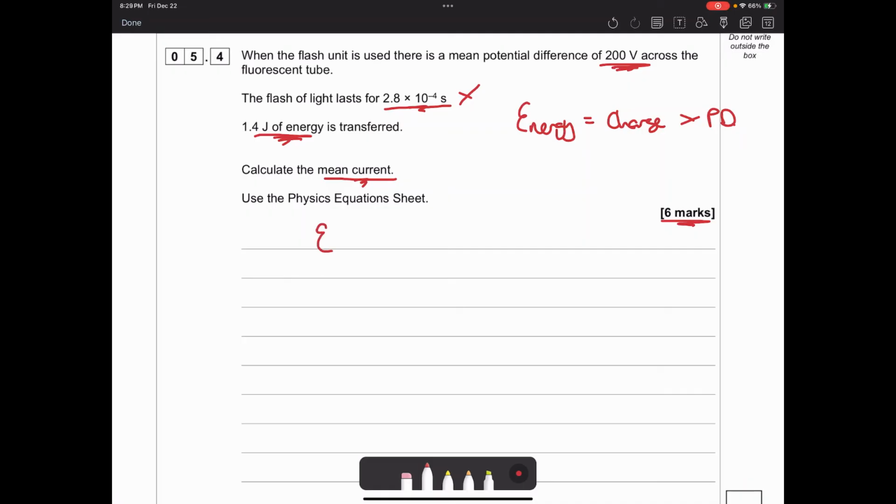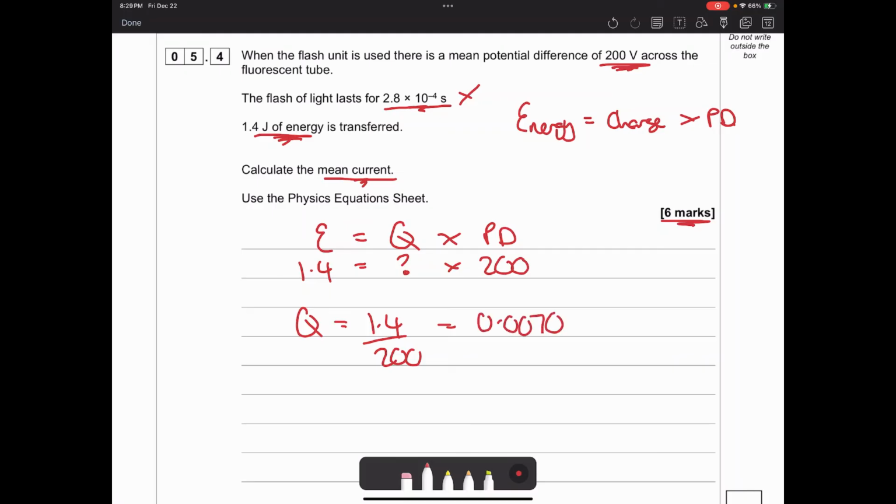So that can be the first thing that I do. Energy equals charge times potential difference. My energy is 1.4 joules. My charge, well, that's unknown. My potential difference is 200. So I can get my charge as 1.4 over 200, and that gives me 0.0070 coulombs of charge.